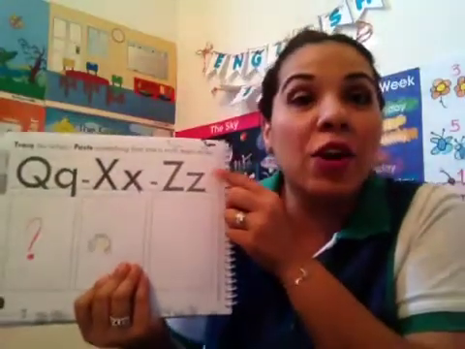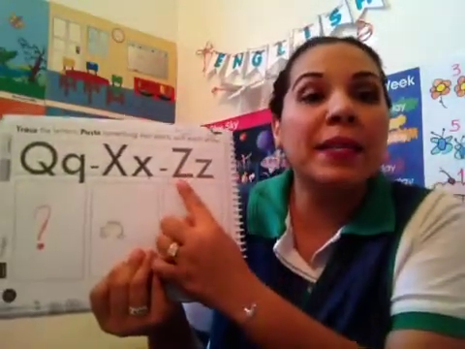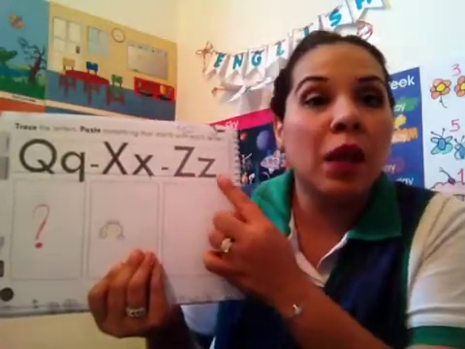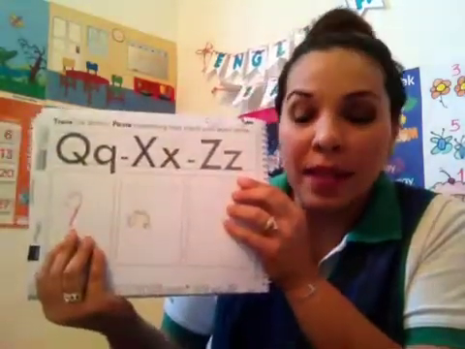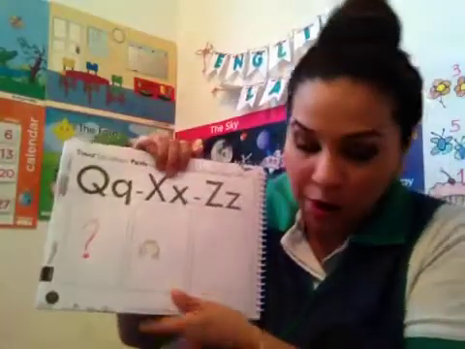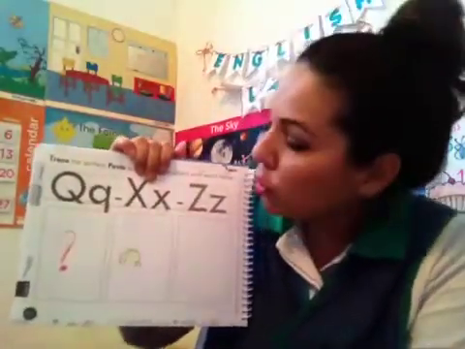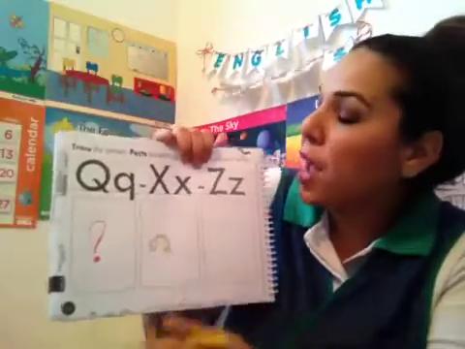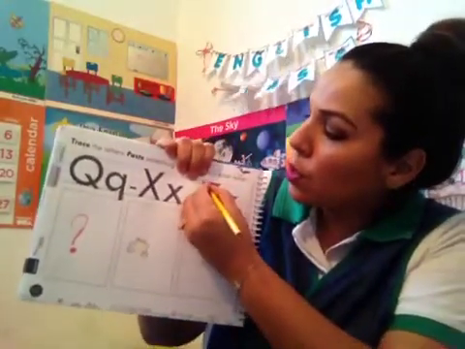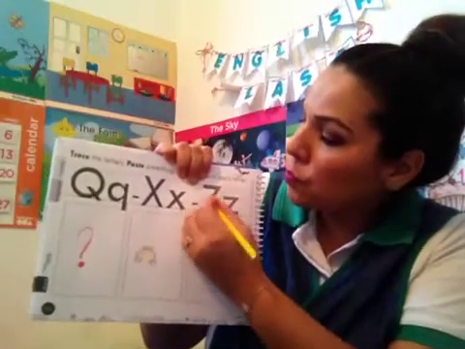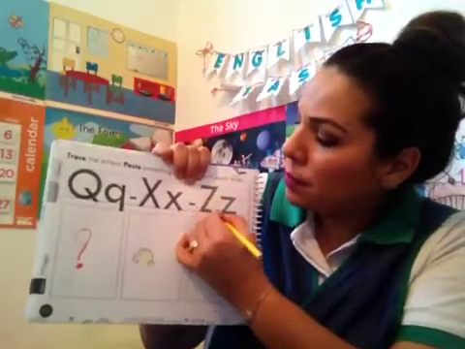Next is letter Z. Capital letter Z. Small letter Z. Okay? Let's trace the letter. I am going to use yellow 3 times, remember. 1, 2, 3.